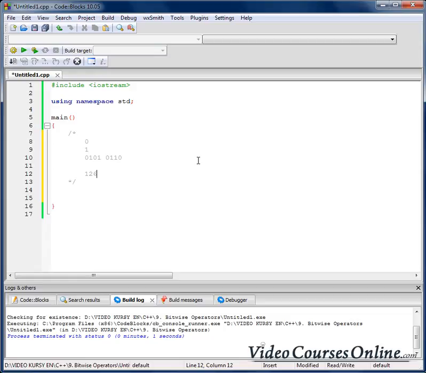This number is really created of something like that: 1 multiplied by 10 raised to the power of 2, plus 2 multiplied by 10 raised to the power of 1, plus 6 multiplied by 10 raised to the power of 0. As you can see, that thing here is equal to 100, that thing here is equal to 20, and that thing here is equal to 6, because 10 raised to the power of 0 is 1, right? So 1 multiplied by 6 is 6.